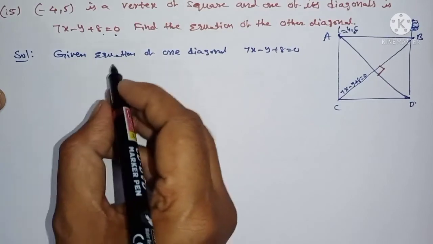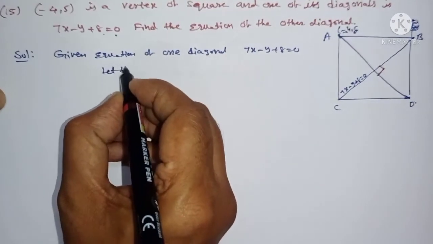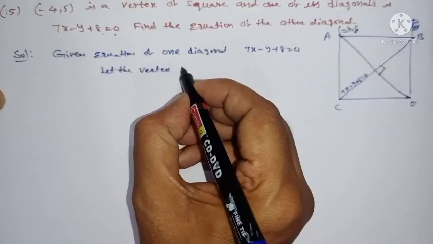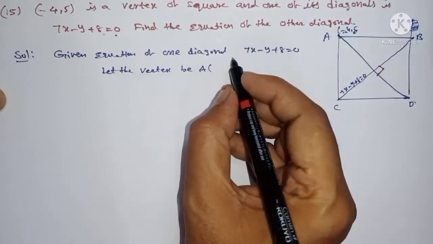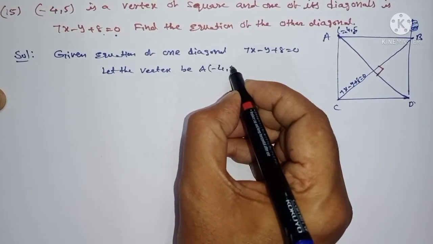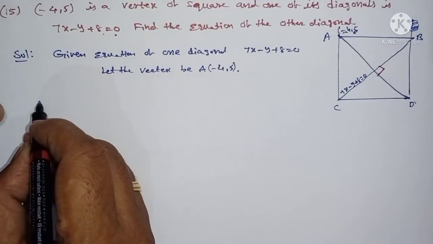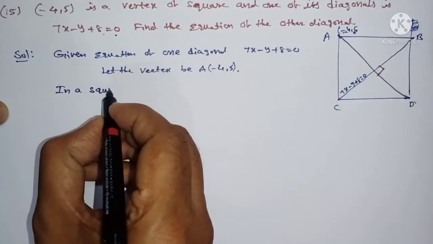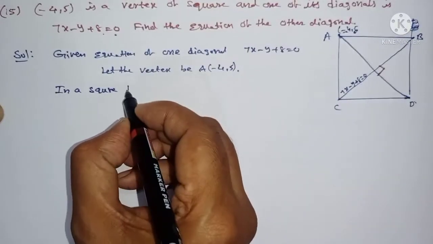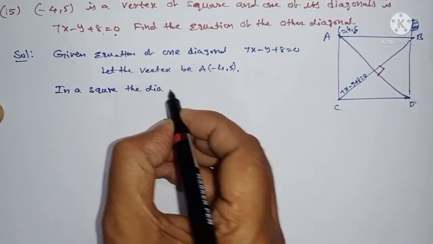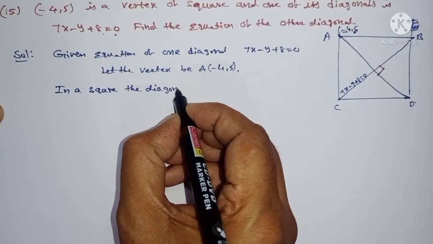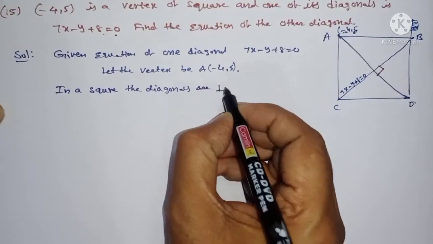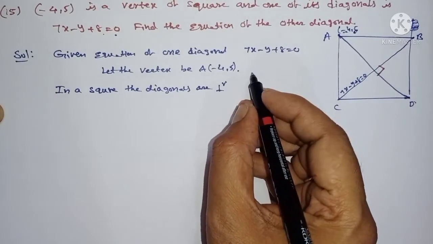And let the vertex be A of minus 4 comma 5. In a square you can write here, in a square the diagonals are perpendicular to each other.